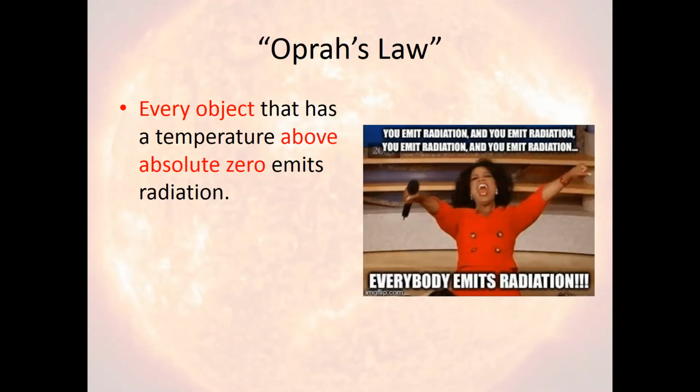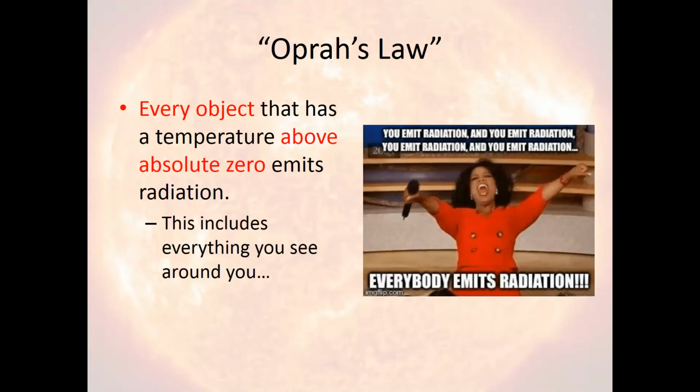And so do you. And if you see somebody else, point at them and say they emit radiation. And then find somebody else and they emit radiation, and so on. In fact, everybody emits radiation. That's why I call it Oprah's Law.